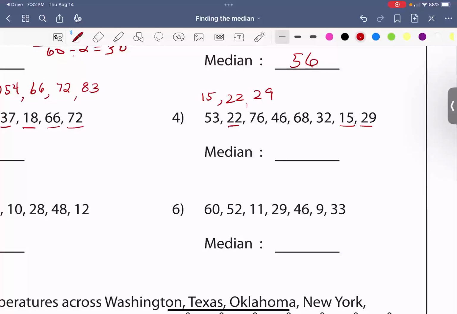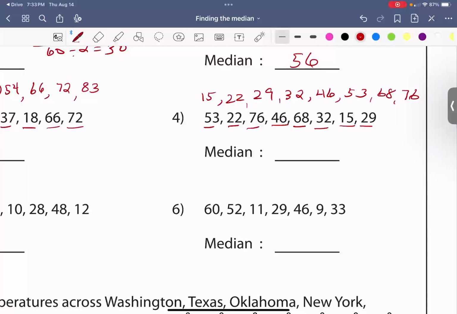Next number is going to be 32. Then 46. Then 53. Then 68. And then 76.